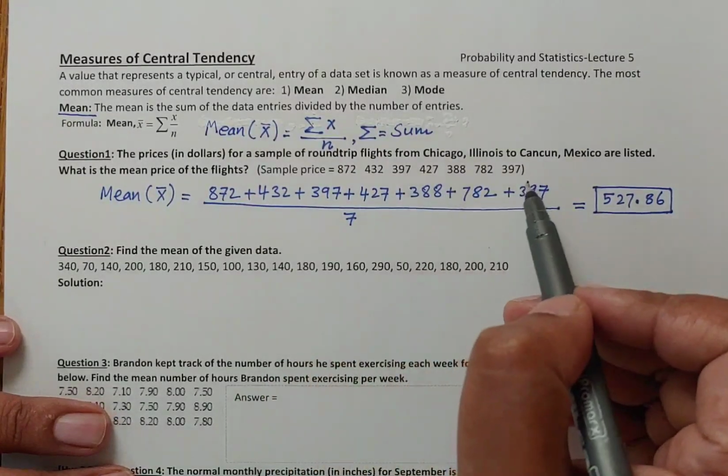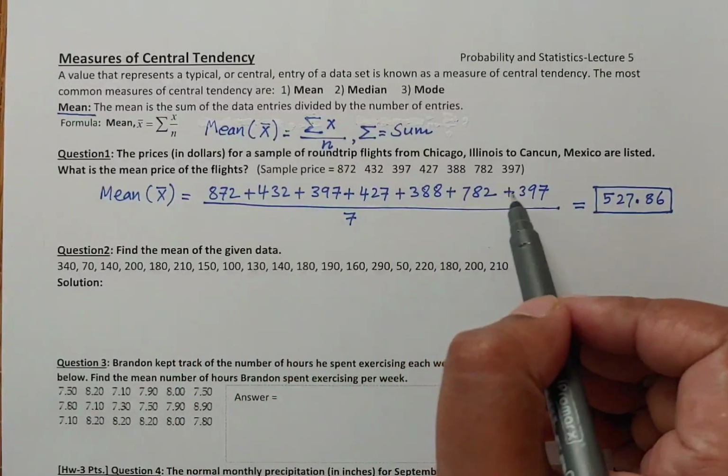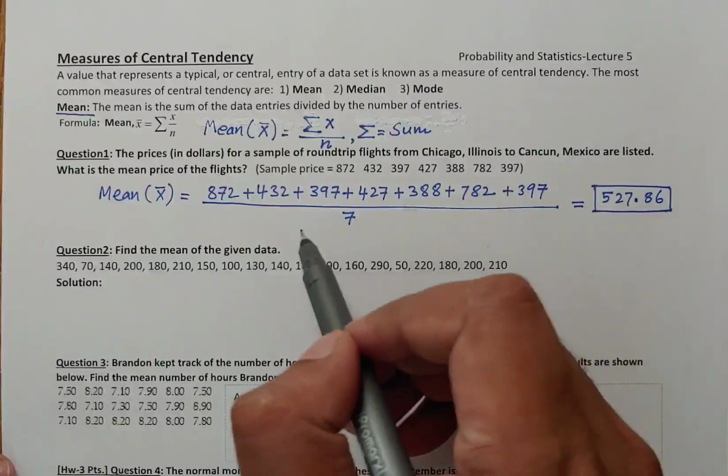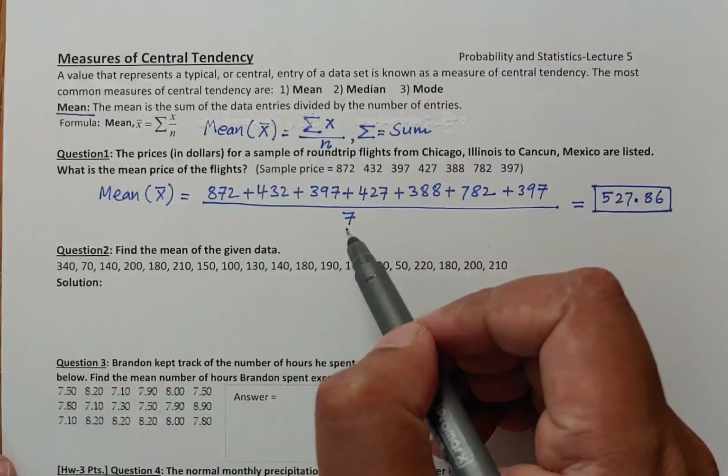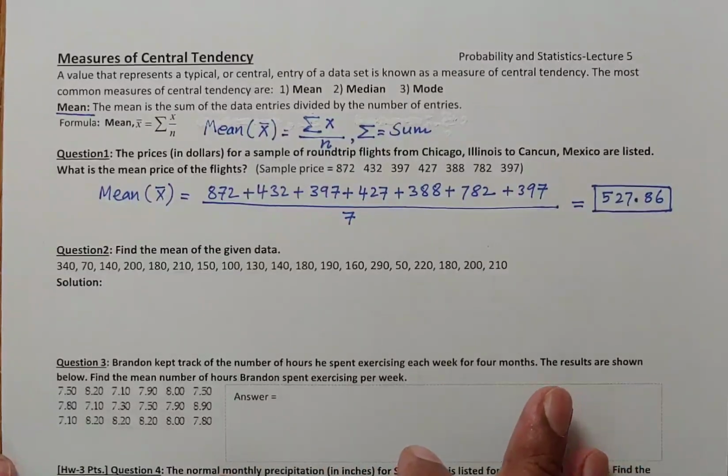This is the process of getting mean: you always add the numbers and then divide by the total number of items.